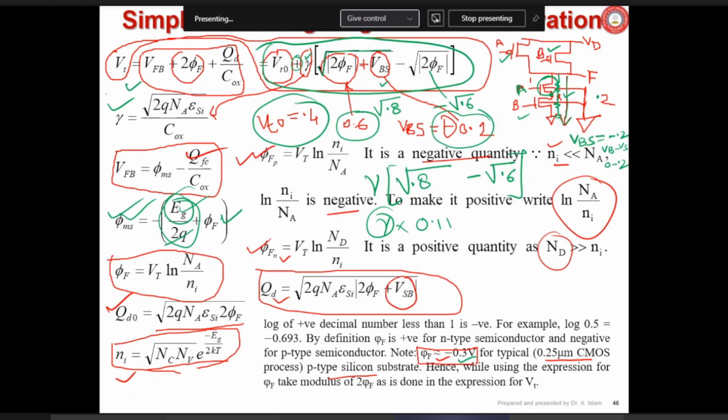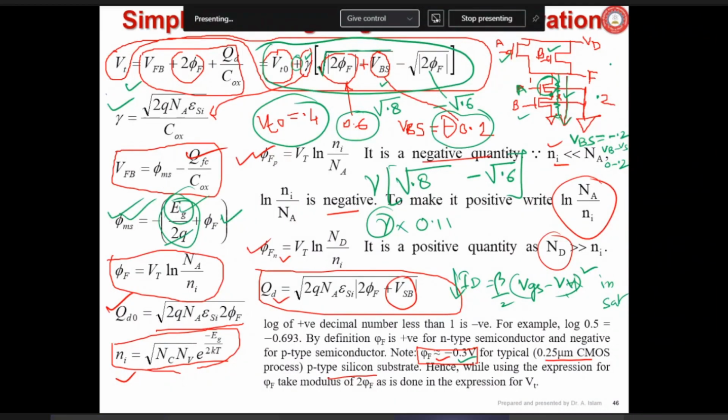And if the threshold voltage of a MOSFET increases, what happens to ID? ID equals beta by 2 into VGS minus VT whole square in the saturation region. This we have discussed, beta equals mu Cox W by L. So if VT increases, what will happen to the current? Current will decrease.